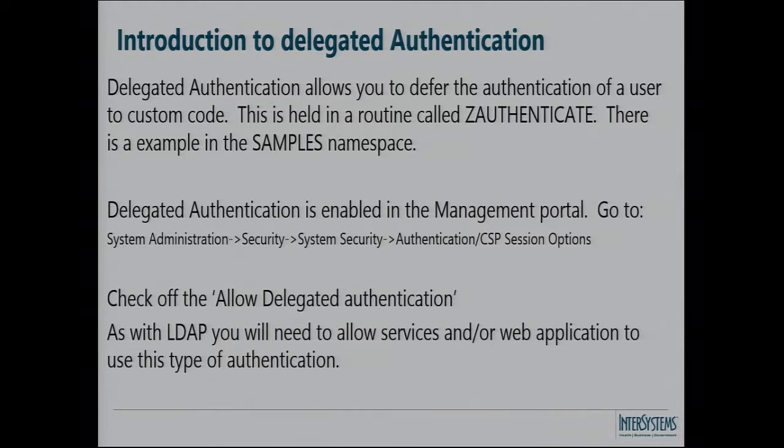You have to create a routine called ZAUTHENTICATE, and that ZAUTHENTICATE has a particular structure. There is a sample in the namespace that has copious comments in it, so all the options you could possibly think of are documented within the routine. When you go to create this routine, the very first thing you want to do is either copy that routine verbatim or at least take the signatures of the entry points so that you have exactly what you're supposed to use.